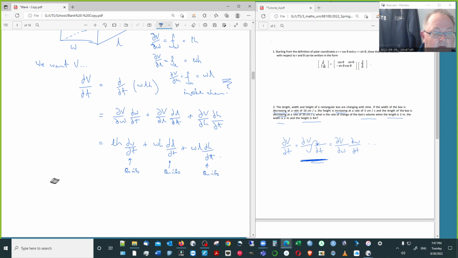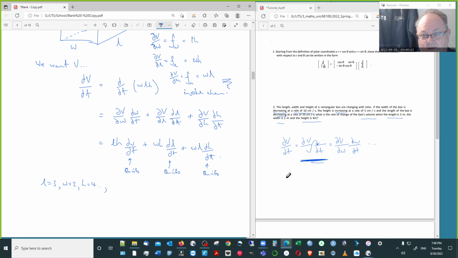So we've got L equals 3, W equals 2, height equals 4. So that's straight off the question. So then we've got to put it in, and also we've got L, the length of the box, is 20 centimeters per second.